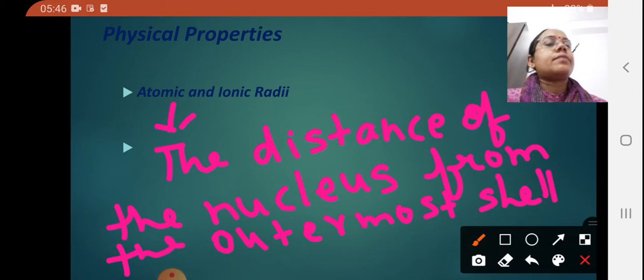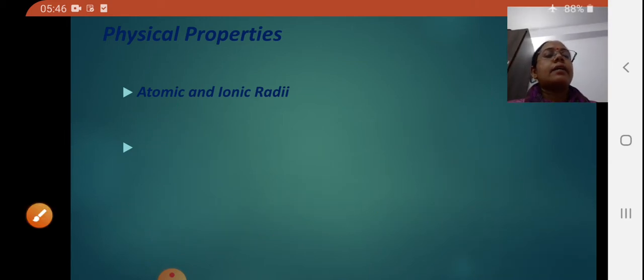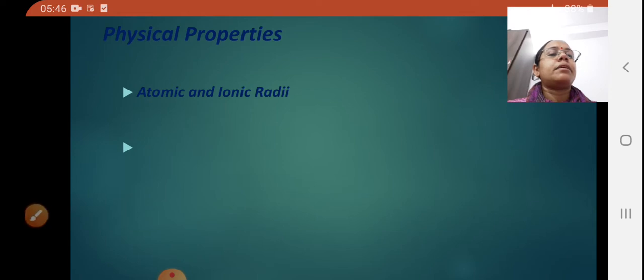And when it forms an ion, then the distance of the nucleus from the outermost shell in case of its ion. If it is an atom, then it will be referred to as atomic radii, and if it is an ion, then it will be referred to as ionic radii.